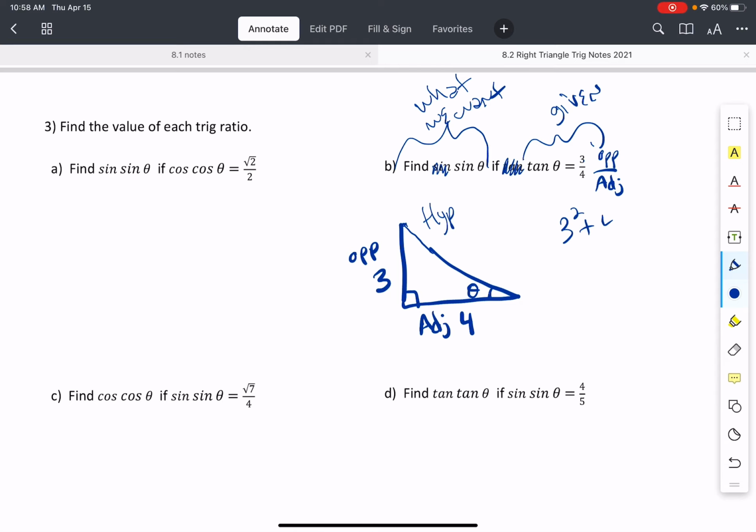Pythagorean theorem. 3 squared plus 4 squared equals C squared, because the hypotenuse is always C. So 3 squared is what? Plus 4 squared? Good.